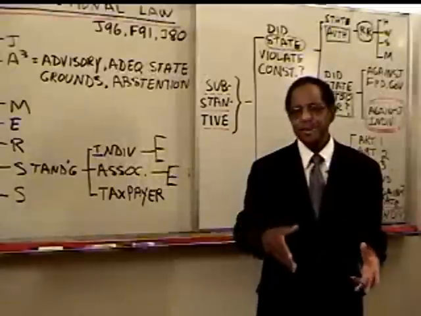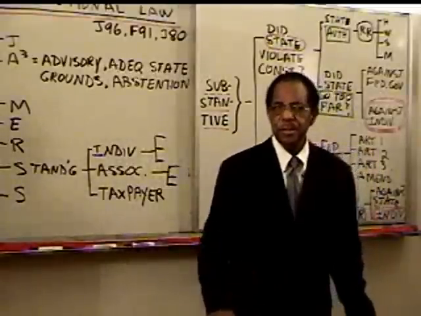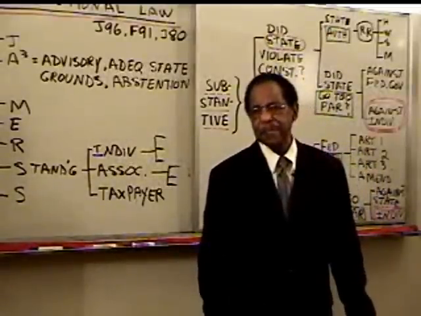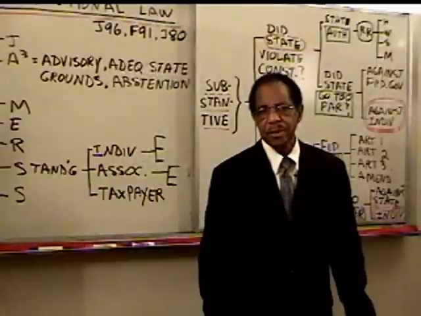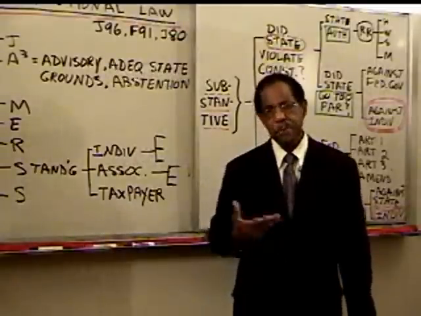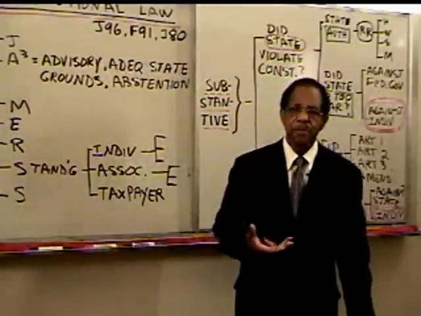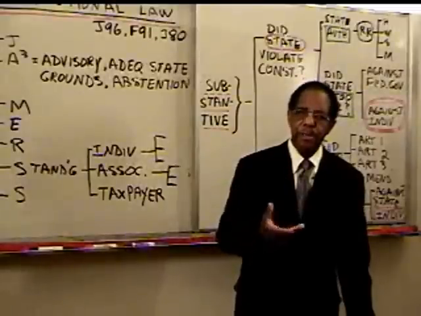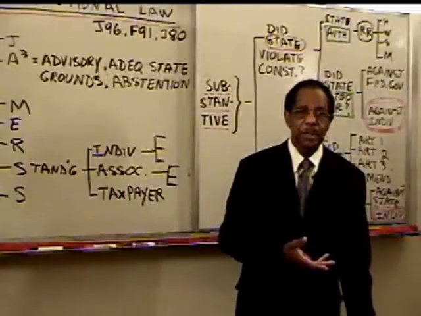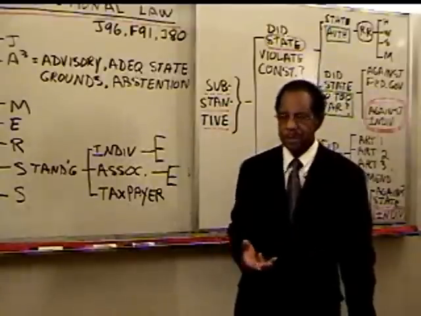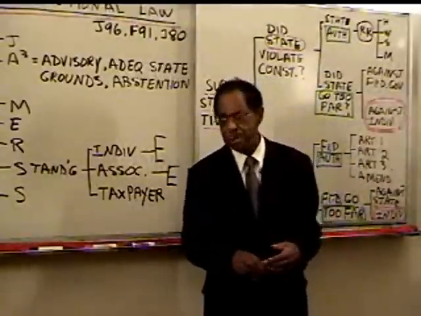Because it's not necessary to give you damages for the harm that has already happened to you. It's not necessary to give you damages in order to enforce the 14th Amendment. So you'll get declaratory or injunctive relief if you sue the state claiming they violated your 14th Amendment rights, but you can't get money damages.